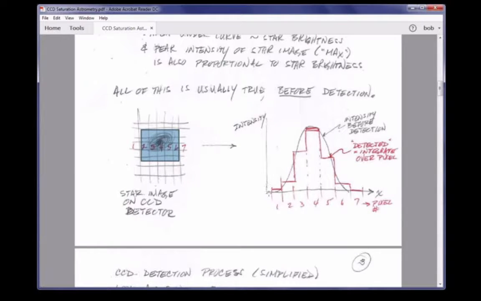That's the same as saying I want to add up all of the red stair step, all of the signal from all of the pixels that got any energy from the star. And that's what your photometry is trying to do, collect all that energy.